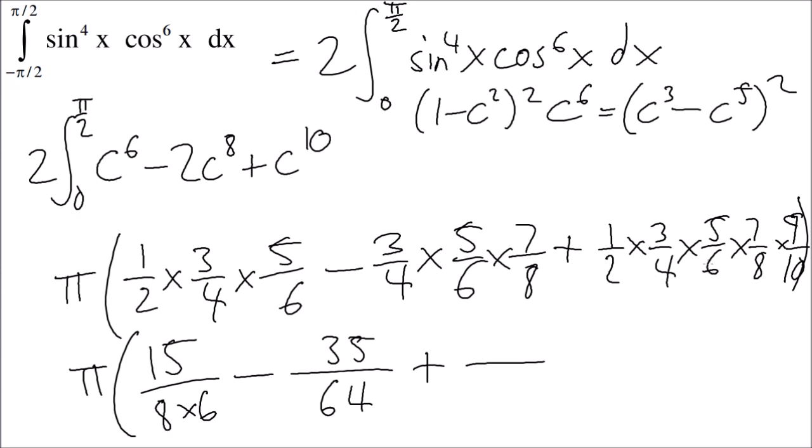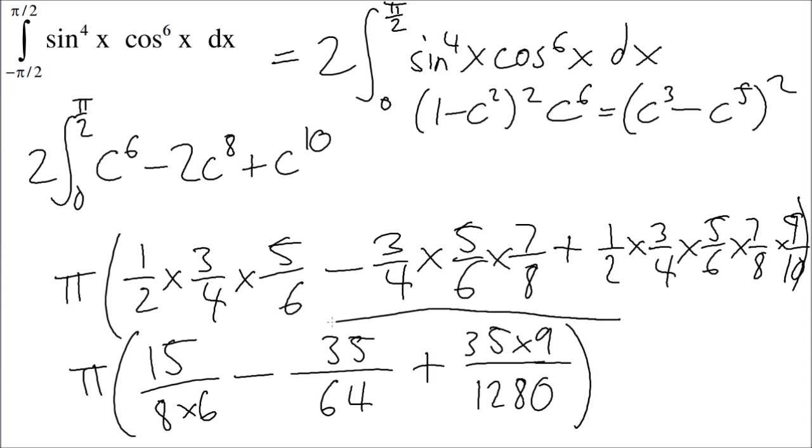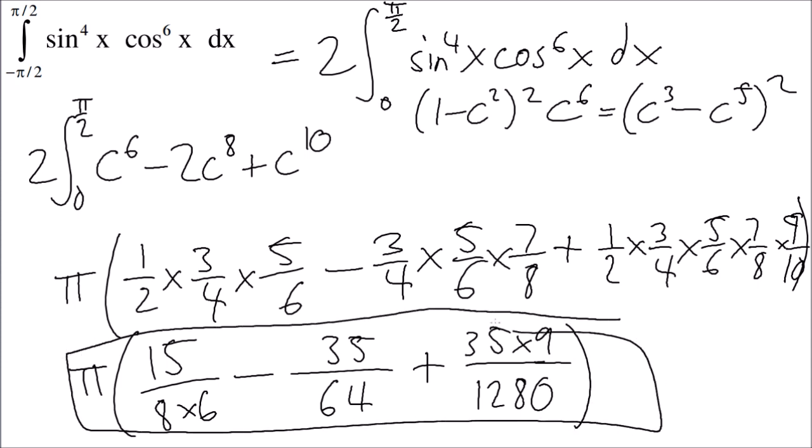So we get 2, 8, 64. Okay, 2, 8, 64, 128, 0. Right, this became a 2 because I canceled that out, so it's just 35 times 9. I'm gonna leave my answer like this because I genuinely do not want to work that out.